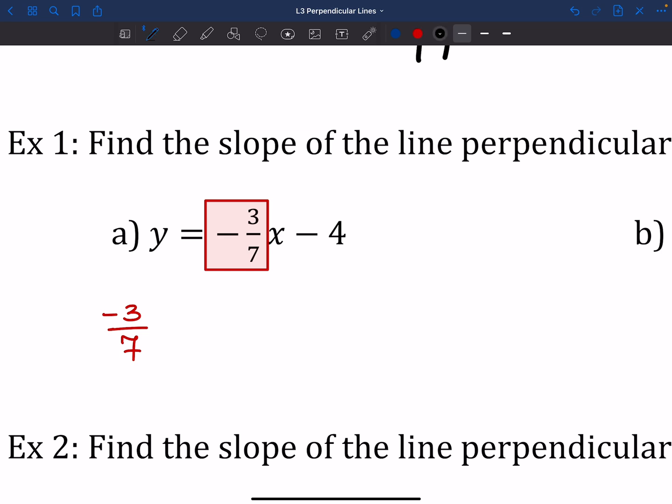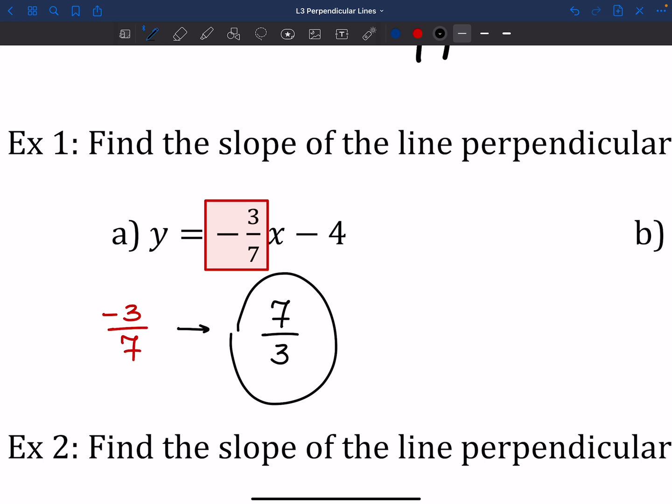So instead of 3 on the top and 7 on the bottom, it's 7 on the top and 3 on the bottom. As far as making it the opposite, it was negative because it was -3/7, so now the opposite of that is going to be positive. This is what we want to get to, 7/3.